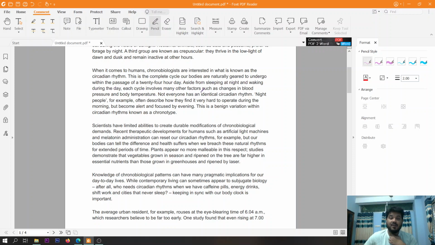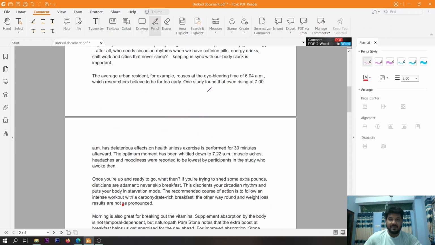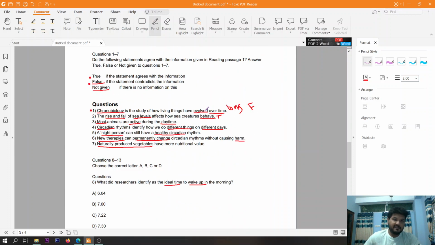Its cycle involves many other factors, but it doesn't really talk about most animals being active during the daytime. So I didn't find any information related to this particular question. It would be safe to say that the answer for this is not given. So there you go, not given.